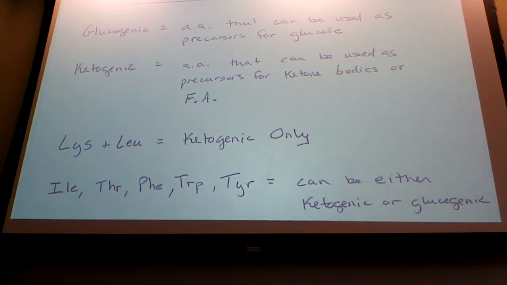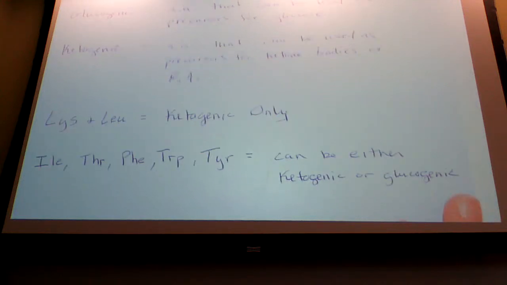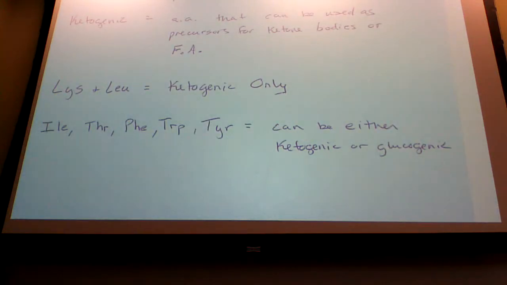And they can enter into metabolic pathways in more than one place. So they can be used for either synthesis of glucose or synthesis of ketone bodies or fats. Okay, some general trends that we can pull out of some of these.